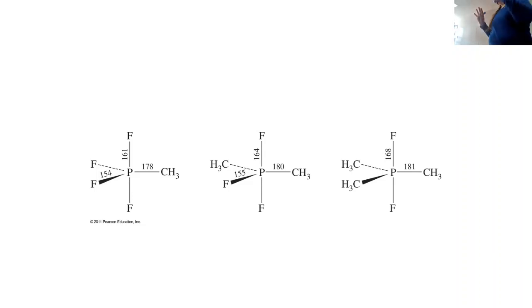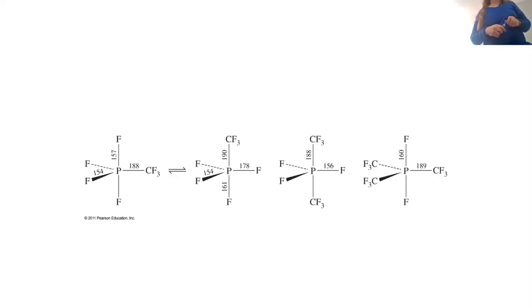So we've got several things in play at the same time. All right. So this looks like it might be a similar story, but notice that this isn't a methyl group. This is a carbon trifluoride, kind of like chloroform or fluoroform, but there's no hydrogen.